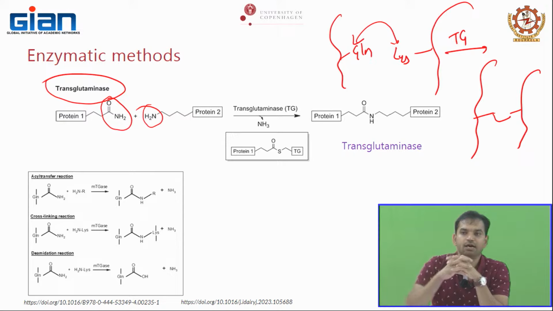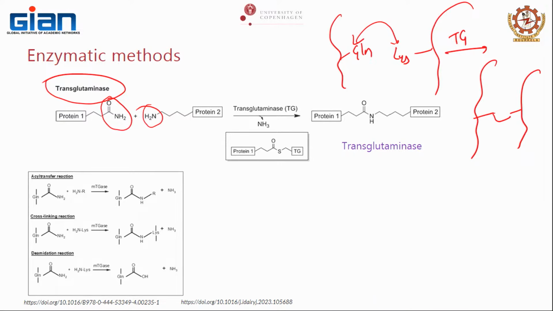How will cross-linking a protein benefit you in reality? Niveta? It will improve the texture of the resulting end product. Exactly, it will improve the texture, because sometimes we need an extra complicated gelation, and that can be done with transglutaminase.